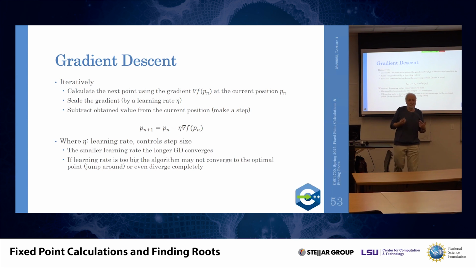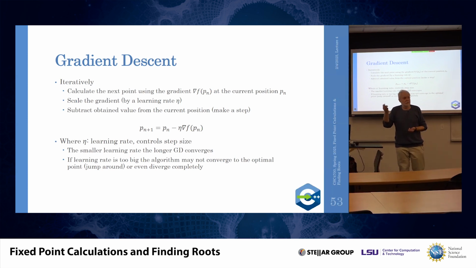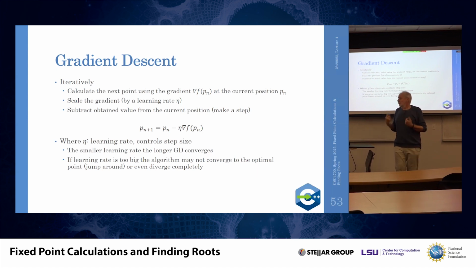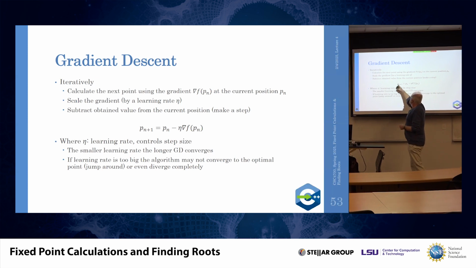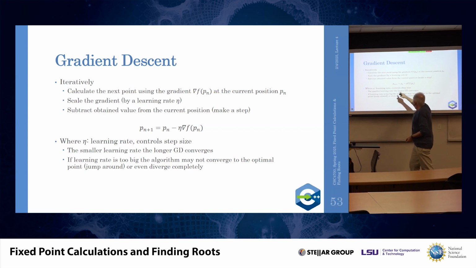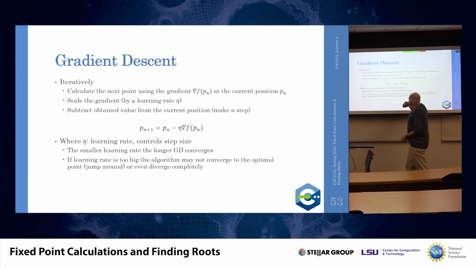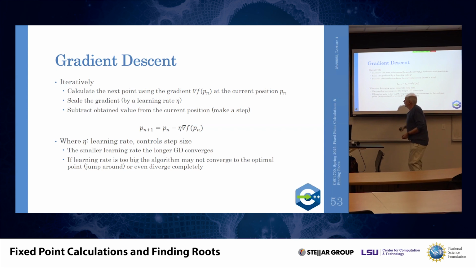That learning rate is a very crucial parameter, and people always play with it to speed up the optimization, and we will see how that affects optimization. And then you compute the next iteration point by simply subtracting the scaled gradient from the current position.